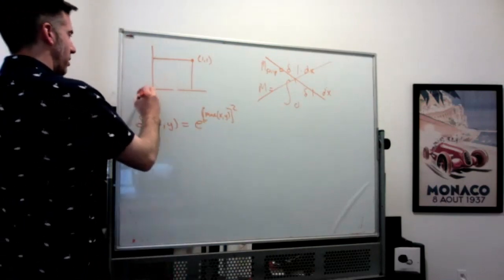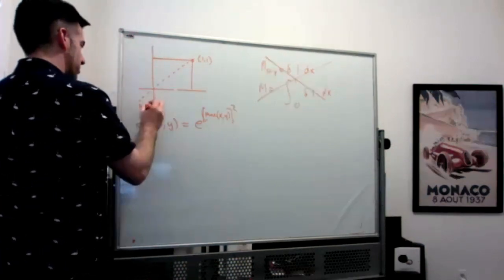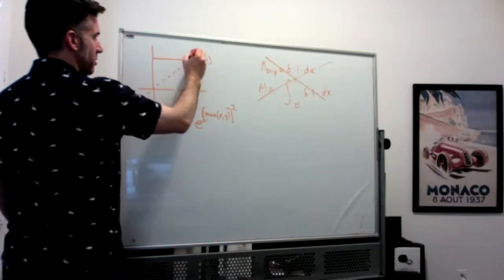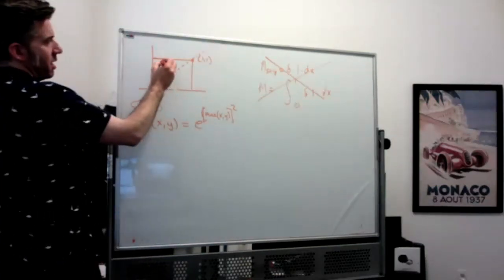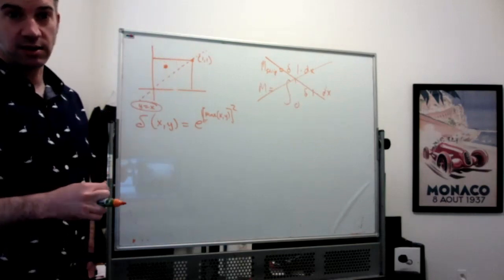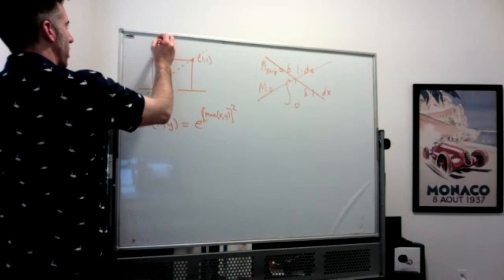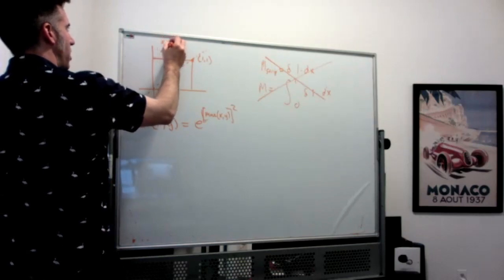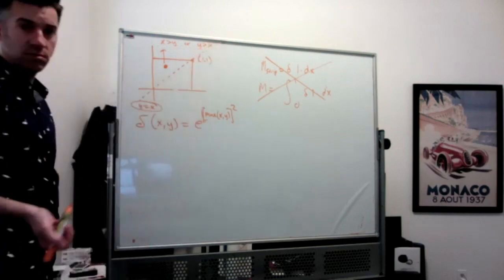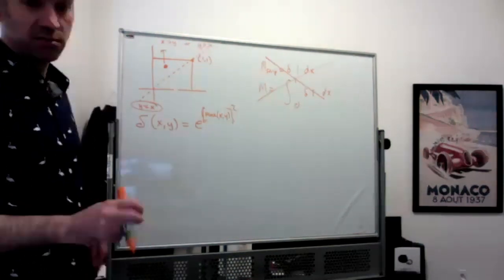I'm going to look at the line y equals x. So let me ask you guys, if I pick a point, say up here, above the line y equals x, what's true at that point? Is it true that x is bigger than y, or is it true that y is bigger than x? Which one of those is true if I'm above the line y equals x?